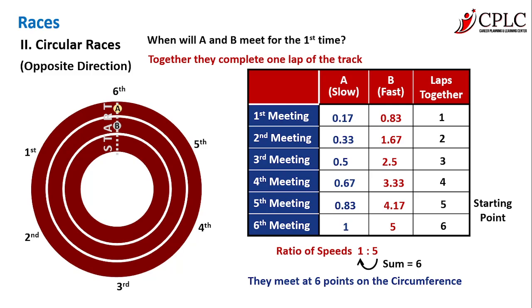And as usual, same story, the meeting that happens at the starting point is always the last meeting. In this case, it is the sixth meeting that happens at the starting point. So these are the few things that you need to understand and remember when it comes to circular races.